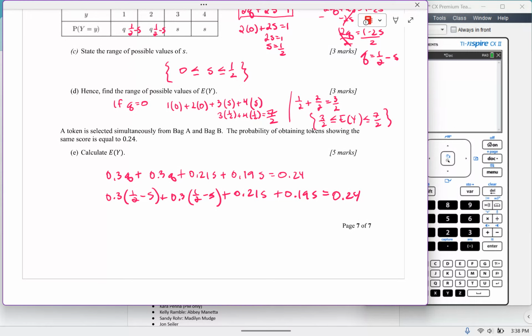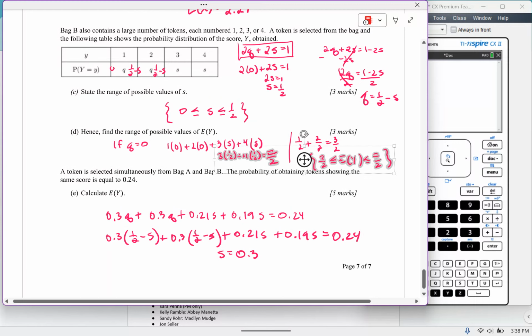agree that S is equal to what? Not 7. 0.3, right? Yeah. Okay. I just typed that in and it worked. Did you forget to do comma S at the end? Oh yeah.